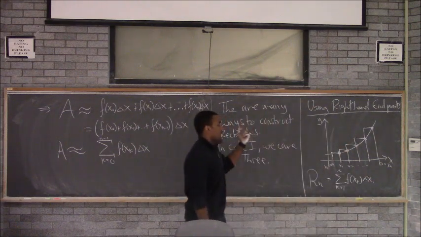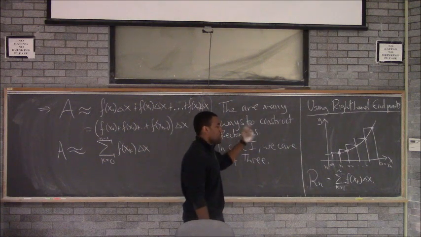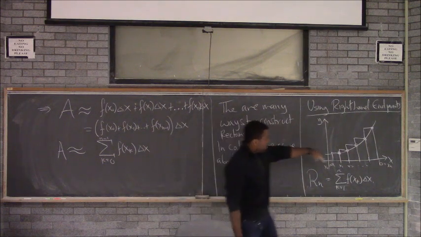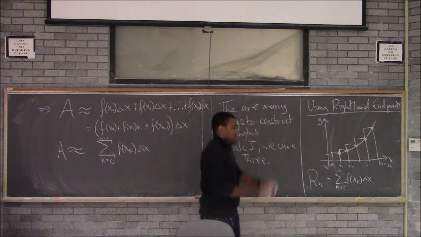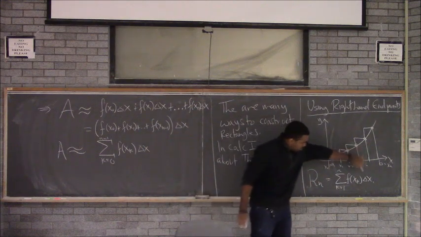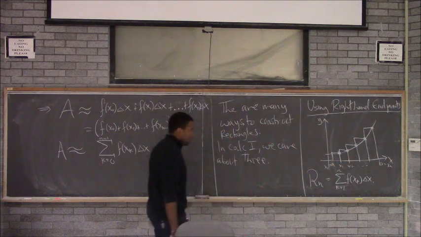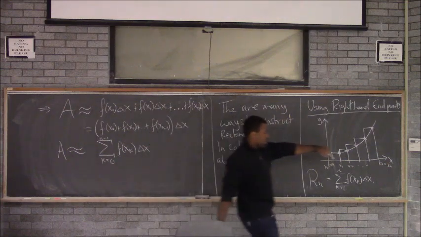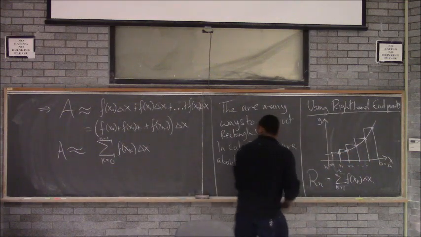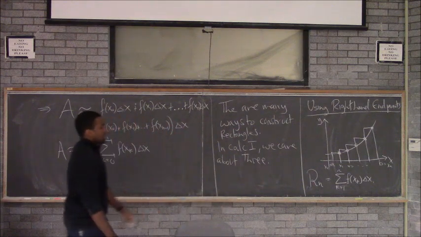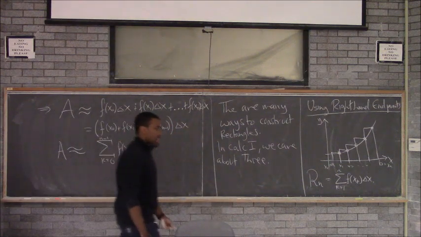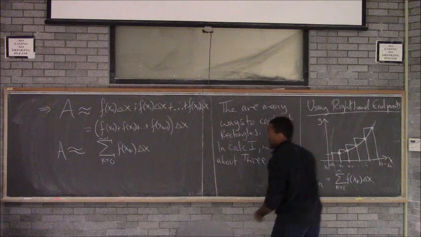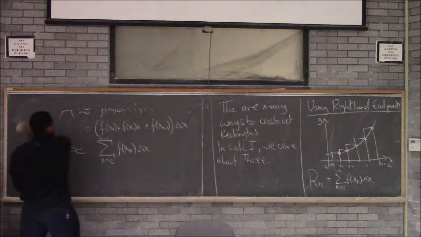So I'm going to have f of x1 plus f of x2 plus f of x3 plus f of x4 all the way up to f of xn, all of that times delta x, which we know we can actually compute. That's b minus a over n. So that's called using right-hand endpoints. You need to understand that as an idea because you're going to do calculations based on that.